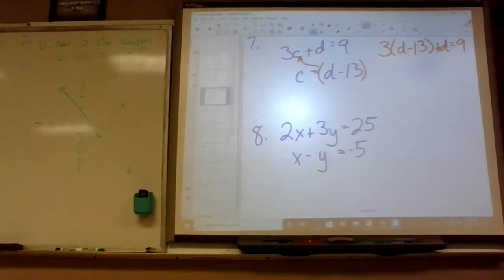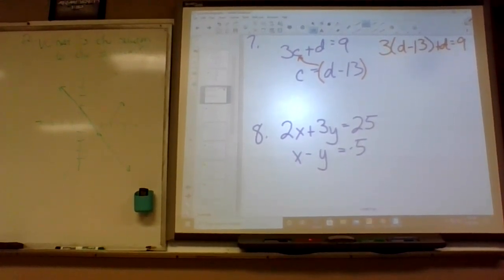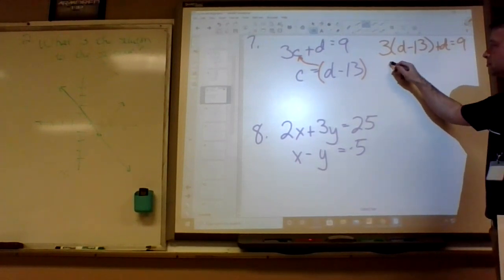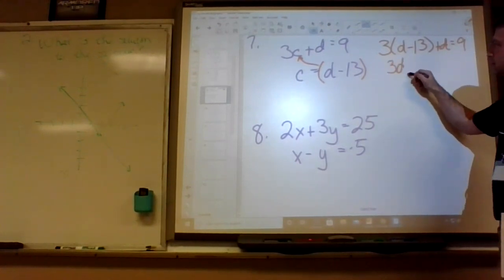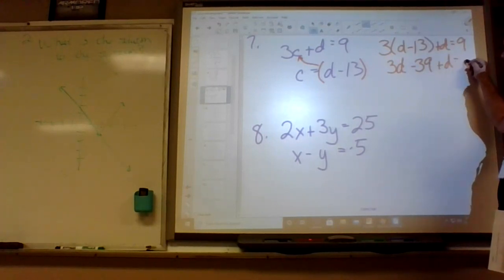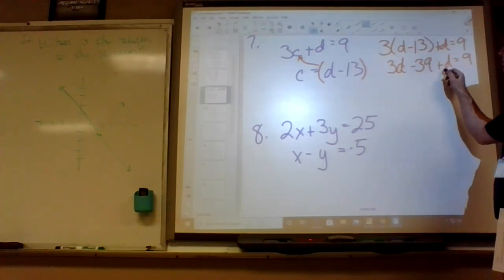Both are substitution. What you do is minus x and then get y by itself, and then you can put y into the 3 times y.